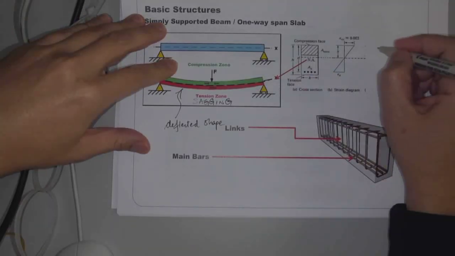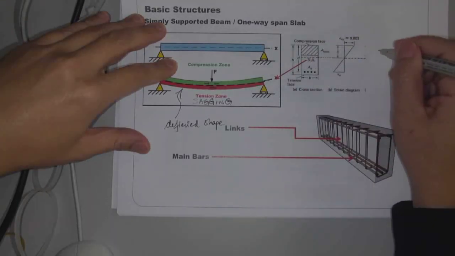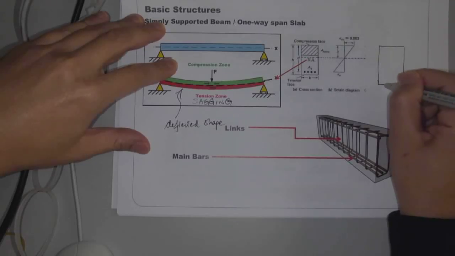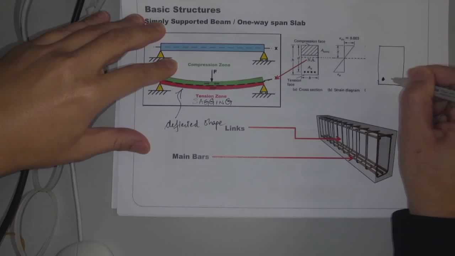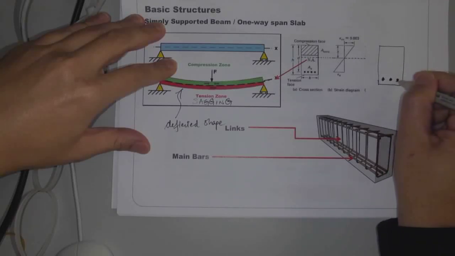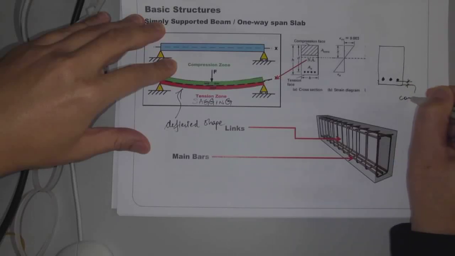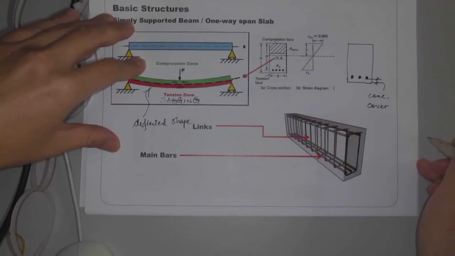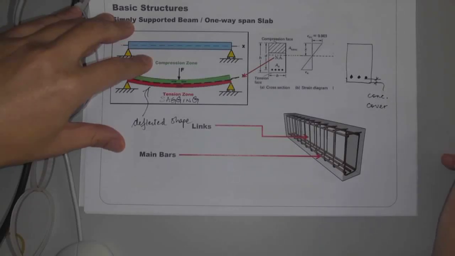And of course, if I redraw this cross section a bit bigger, you should have known that the reinforcement, you cannot put it right at the bottom surface. You need to cover it. That piece of concrete is called concrete cover. Everybody should have learned this in your material courses.